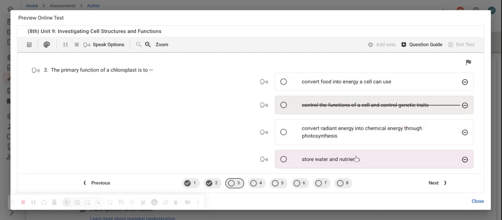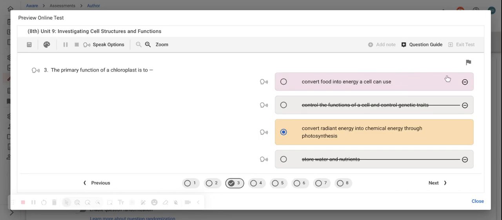And then store water and nutrients. Well, that is your vacuole. So we can cross off two that we know have nothing to do with that. So out of these answer choices, the best answer is going to be to convert radiant energy into chemical energy through photosynthesis. It's not necessarily converting the food into energy that the cell can use.